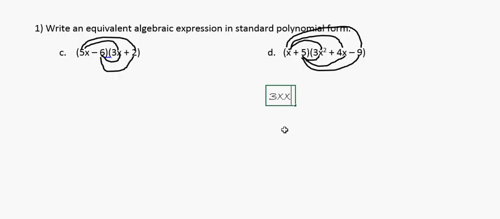If I multiply by another x, I end up with 3 times 3 x's. X times x times x equals x to the third power. So I will say 3x to the third power. That's how I get my first term: x times 3x squared gives me 3x to the third power.